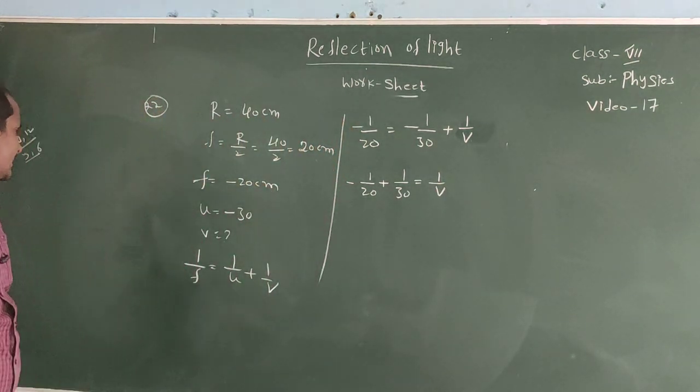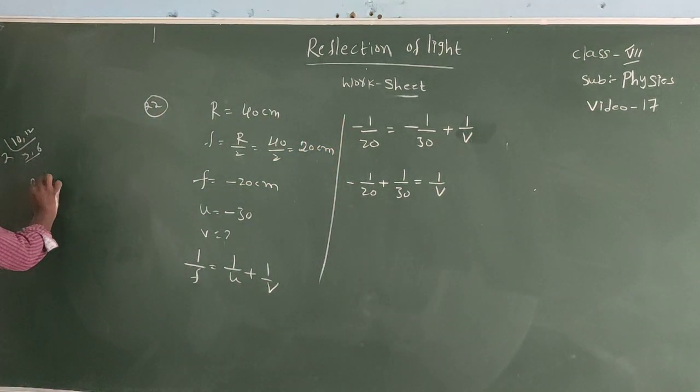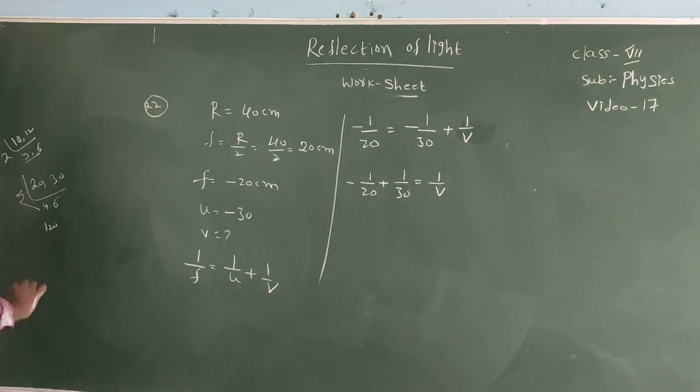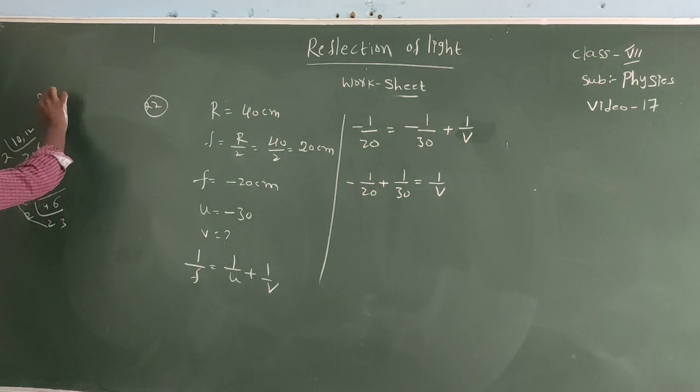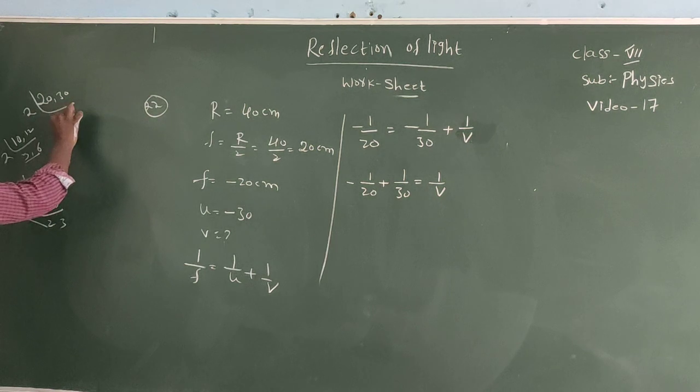The addition between 20 and 30, what is the LCM between 20 and 30? 20 and 30. 2 table, 10 and 15.